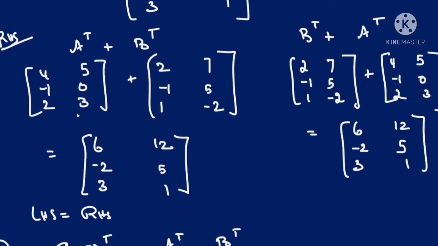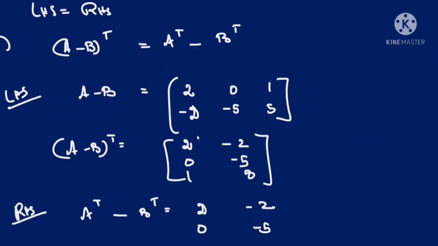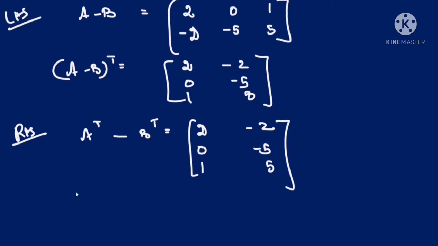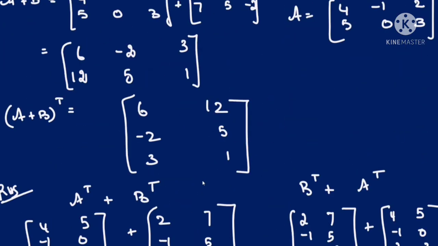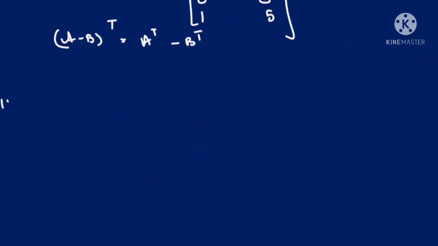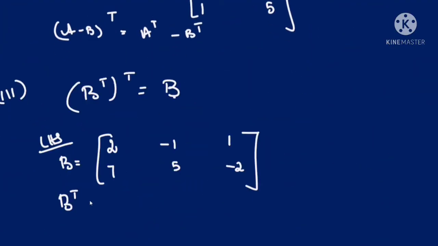Then 2 minus 1, 1. 3 plus 2, 5. Are they equal? Yes, isn't it? So (A - B) transpose is equal to A transpose minus B transpose. The third part of the question is (B transpose) transpose is equal to B. What is B transpose?